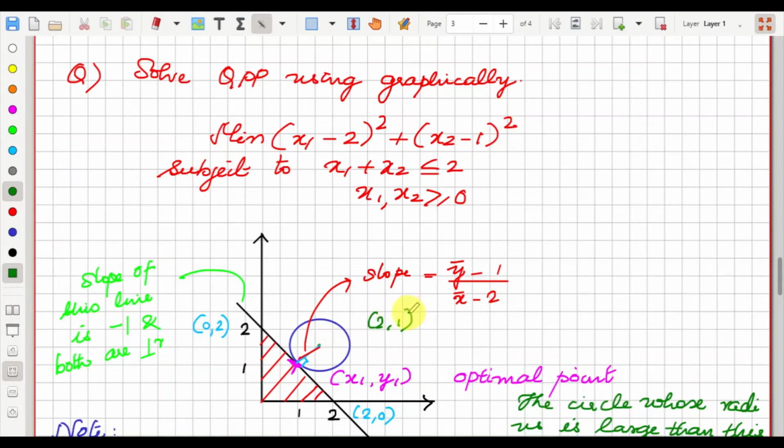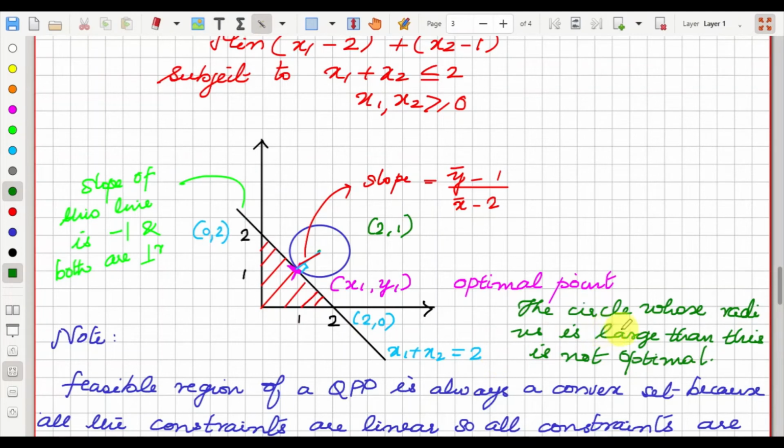This is the center point of this circle. A circle whose radius is larger than this is not optimal. So this point is 0, 2 and this point is 2, 0, and we got a circle here. If we plot a circle which is larger than this circle, the radius is large, so it will fall on this feasible region.